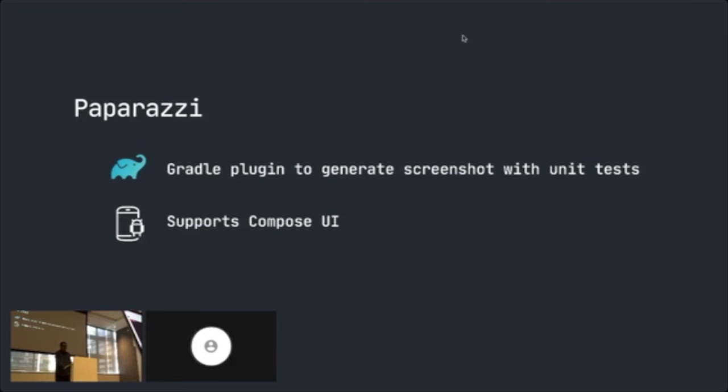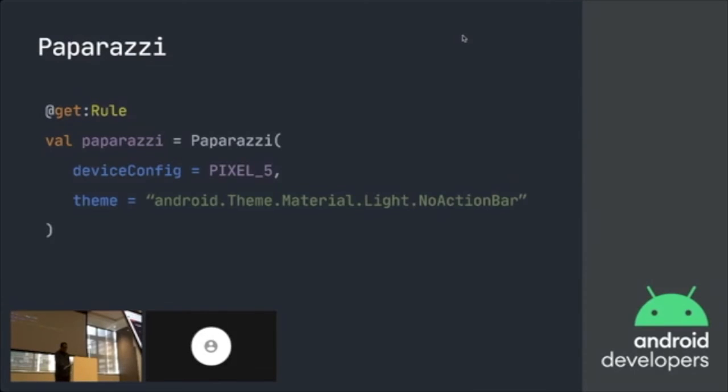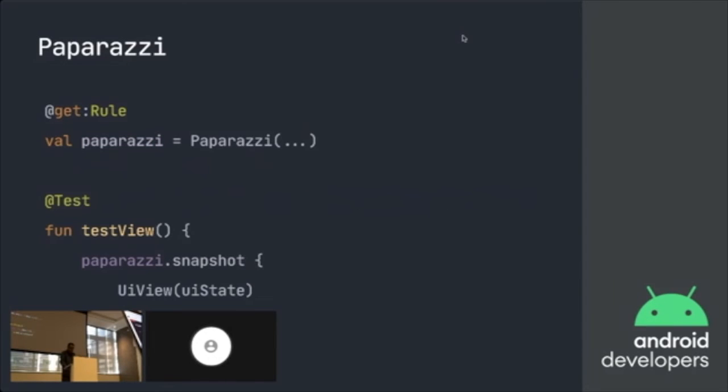Layout Lib is a library that's used by Android Studio to render your layouts, and Paparazzi leverages that to generate a rendering of either XML or Compose; recently it supports Compose UI. The way you use Paparazzi is that you set up a rule in which you specify under what device config and theme you want to run this. And then the next step is the test.